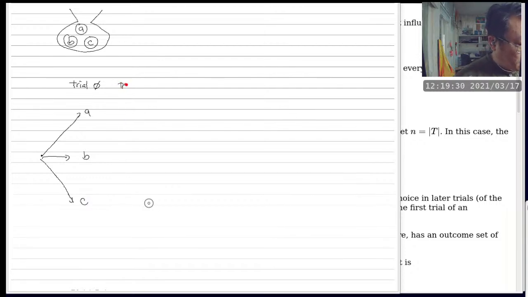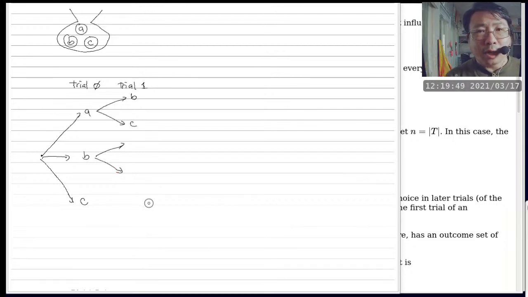Now when we look at trial 1, it gets a little bit complicated, because if A is already taken out of the bag from trial 0, then trial 1 can only have 2 possible choices, which is B and C. If in trial 0 we took B out, then trial 1 can only have 2 choices, which is A and C. If we took C out in trial 0, then trial 1 only has A and B left as possibilities.